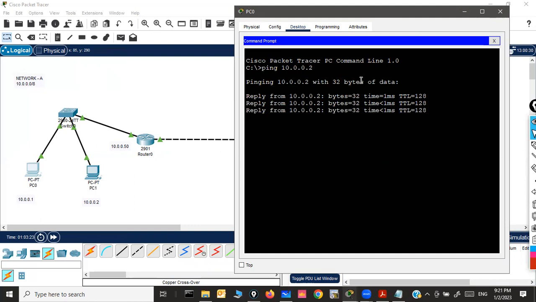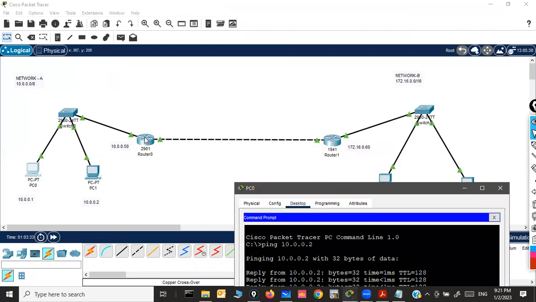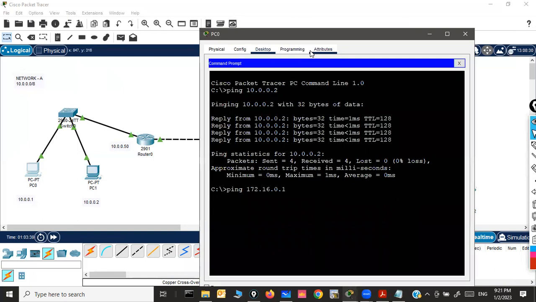Yes, 10.0.0.1 is communicating with 10.0.0.2. But if I try to communicate with another machine in a different network, even if both routers are properly configured, let us assume they are, still no reply at all.